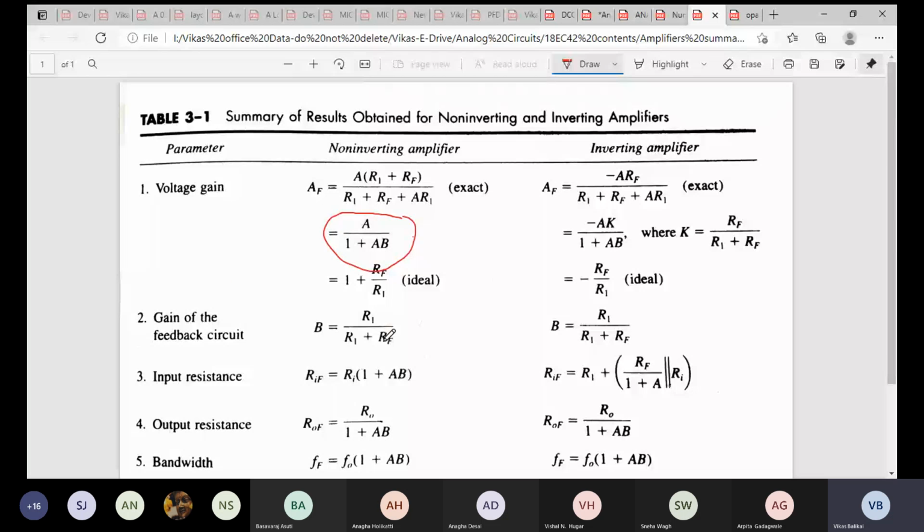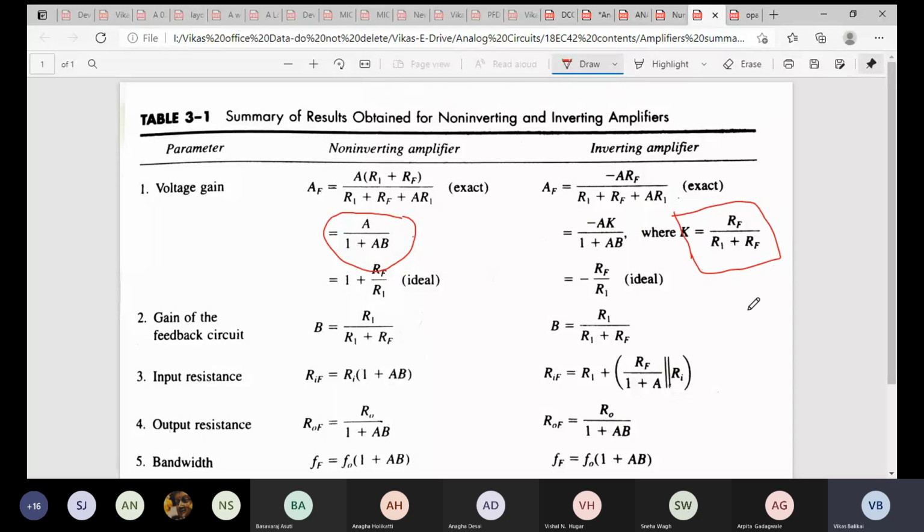Now the same thing here in the inverting amplifier is also A divided by 1 plus A beta, but with a small inclusion of one element, which is K. Now K here is nothing but the attenuation factor.